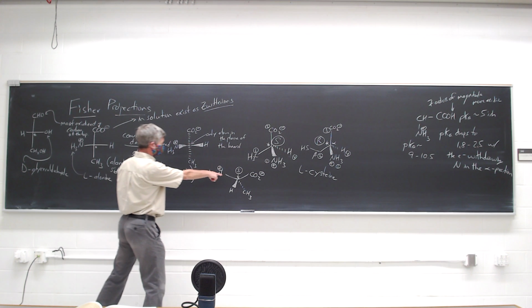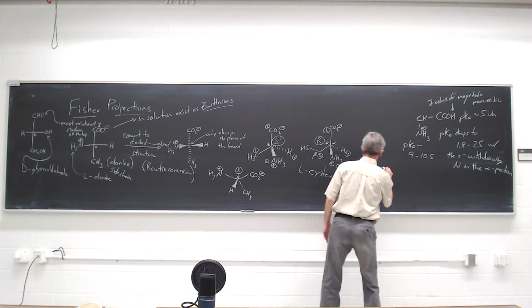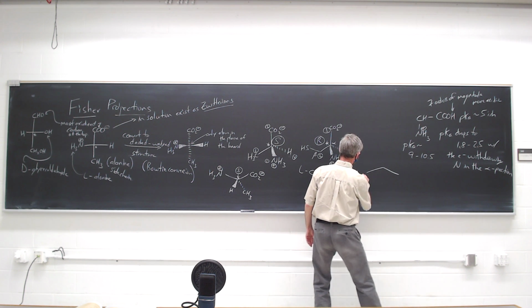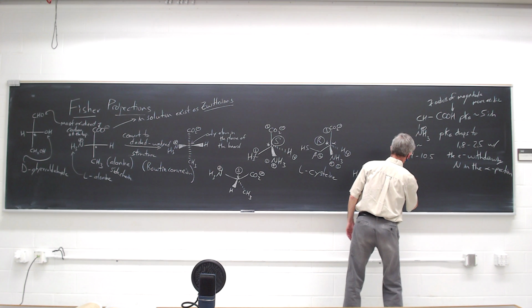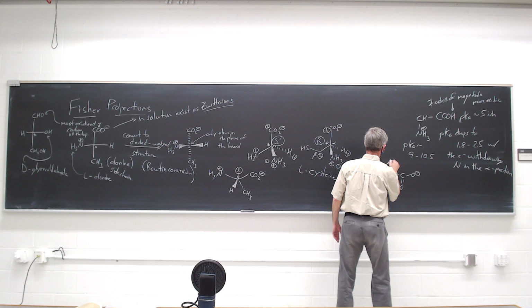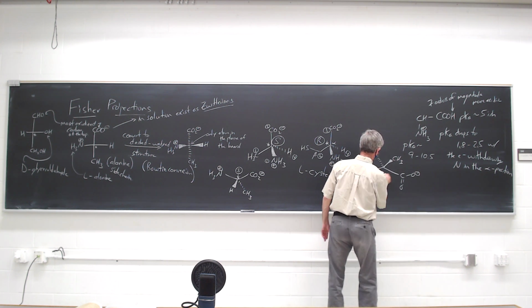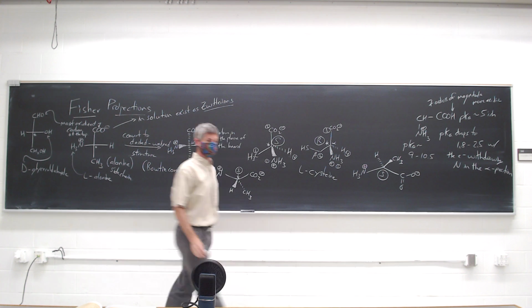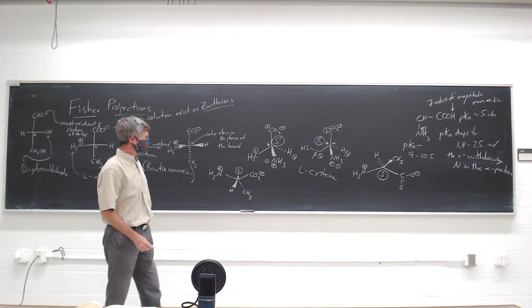So I can draw it like that, but I could also flip it 180 degrees. And if I flip it 180 degrees, then it looks like that. That's more obviously S, correct? Because the hydrogen is pointing back.